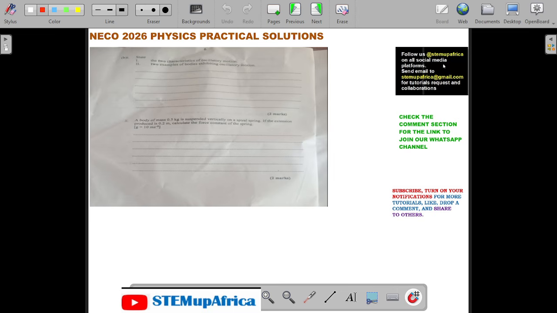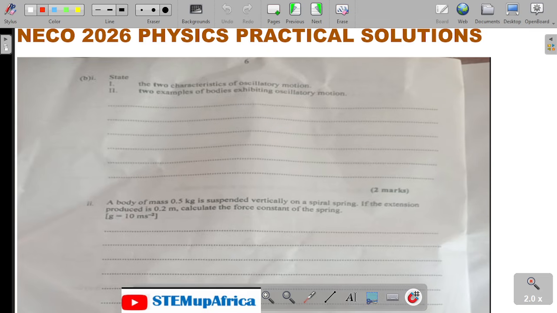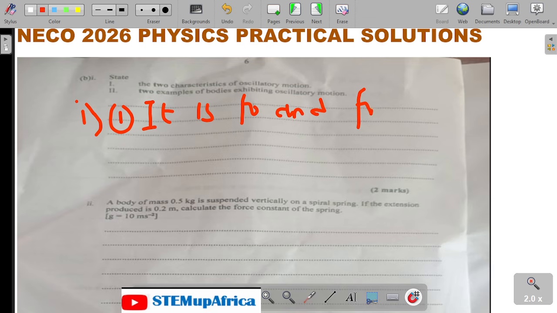So let's go to question 1B. It says state two characteristics of an oscillatory motion. One, it is to and fro motion.